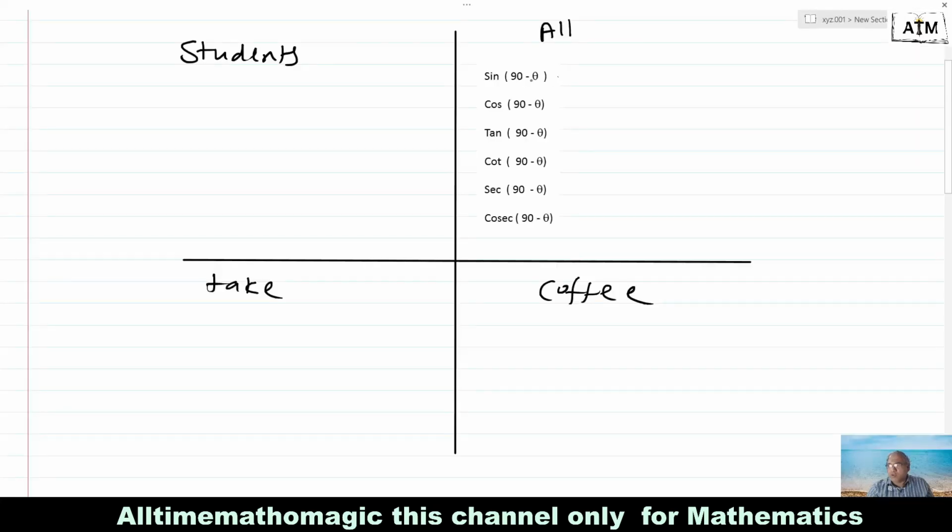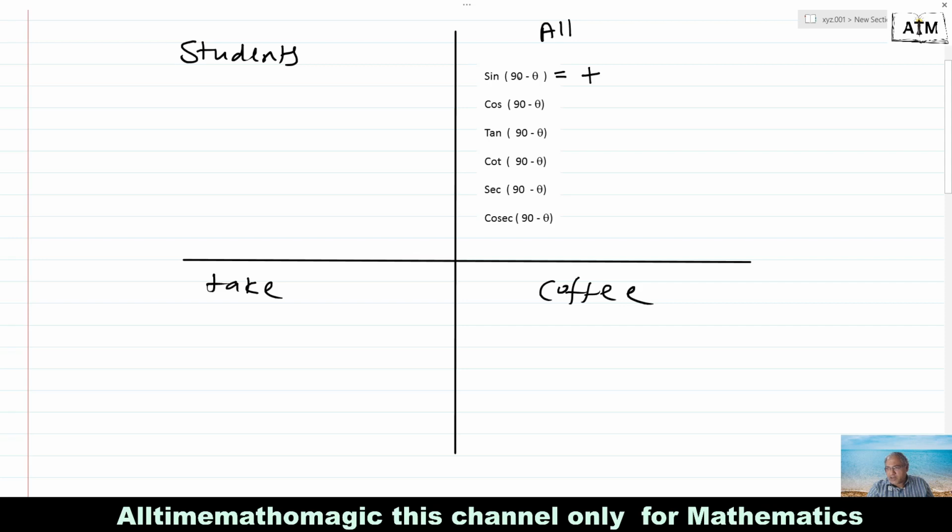I will find out conversions for 90 minus theta, trigonometric ratios for 90 minus theta. Now to find sin 90 minus theta equals to what? First of all, see what is here, sin. Which quadrant? First quadrant. In first quadrant, sin is positive, so write the plus here. And after that, see the angle here.